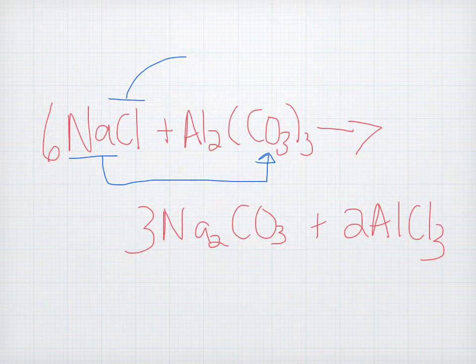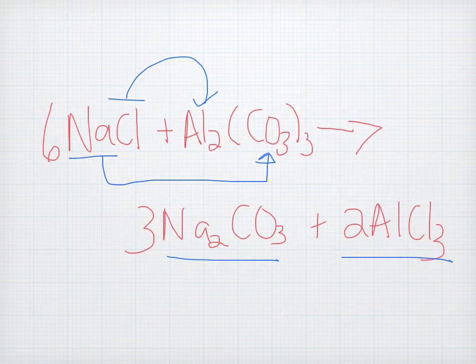My Cl is going to join with my Al. And we can see that here and here. So they've essentially switched partners. And we know they're going to go because of the charges. Positively charged, negatively charged, positively charged, negatively charged. So positives and negatives do make a difference.